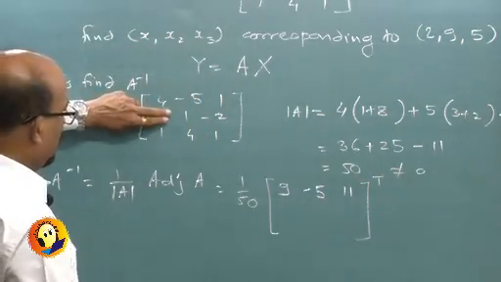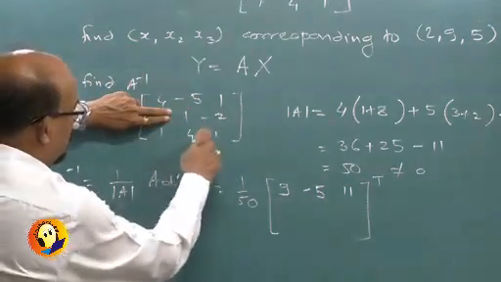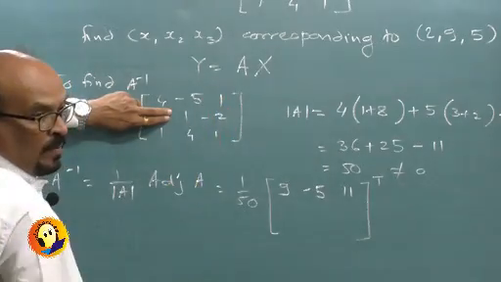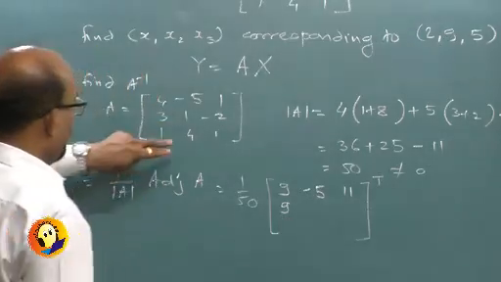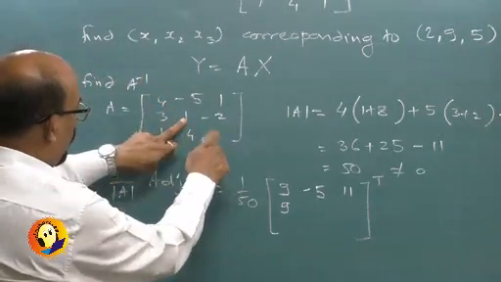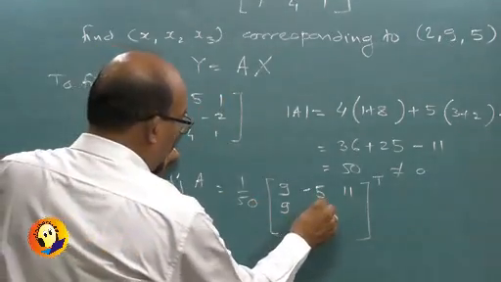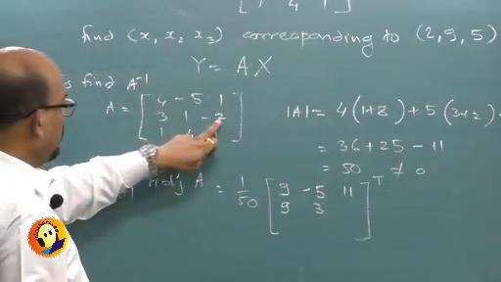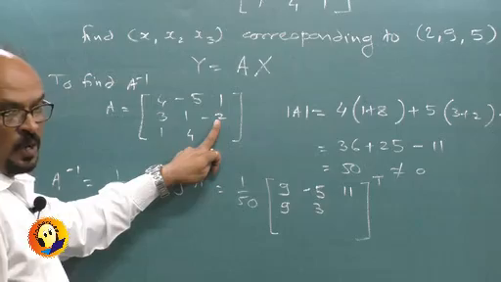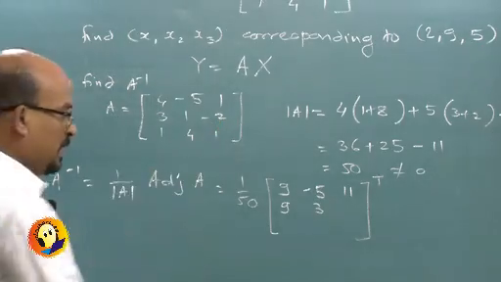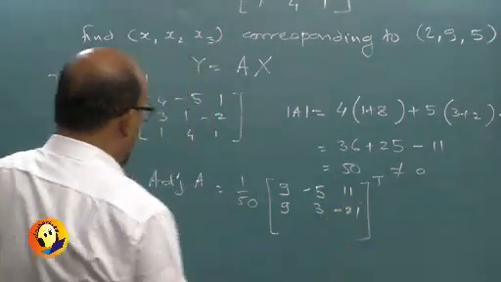The fourth element corresponding to this will be minus 5 minus 4, minus 9, with the sign, so plus. Then corresponding to this it will be 4 minus 1, 3, which remains as it is. Corresponding to this it will be 16 plus 5, 21, and with the minus sign, so minus 21.